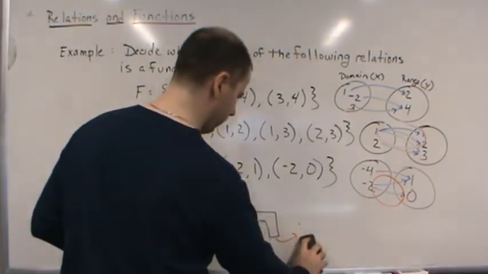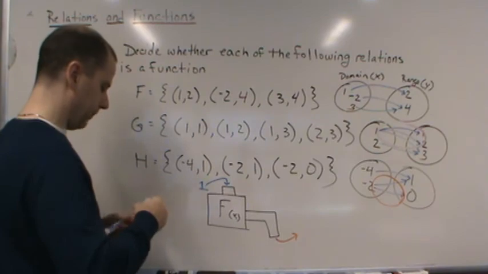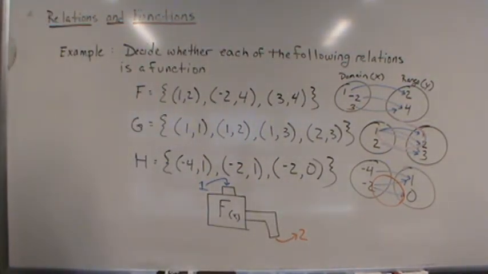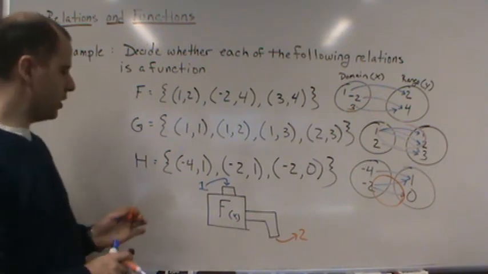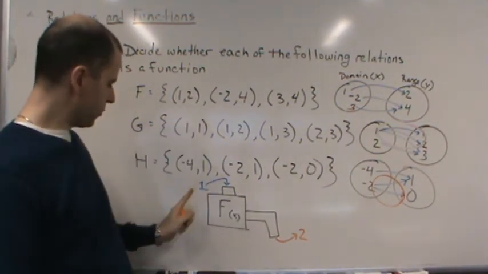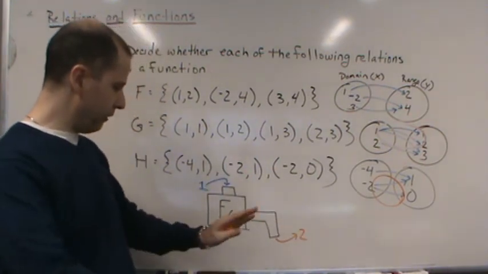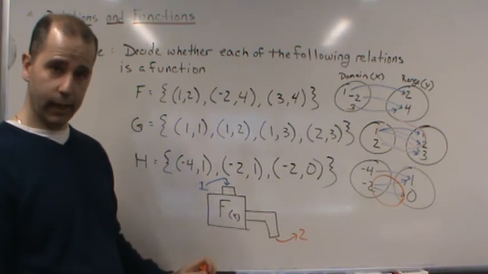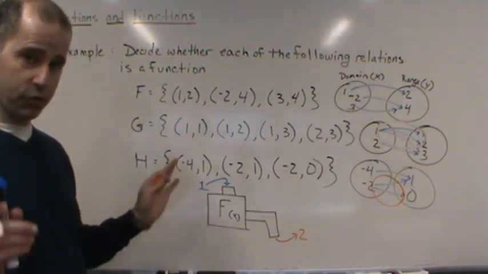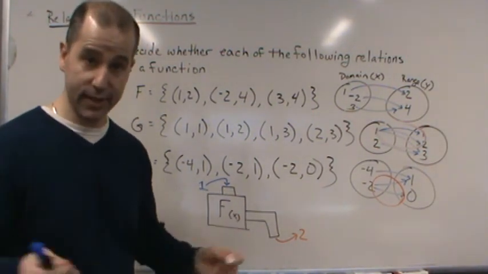I should get a 2. So I should never get anything other than 2. If I put a 1 in, I'm going to get 2. So if I put a 1 into my function machine, I will always get a 2. I'll never get something else. Right? So if I get something else, my machine's not working. There's something wrong with my machine. The function's not working. Or in other words, it's not a function.